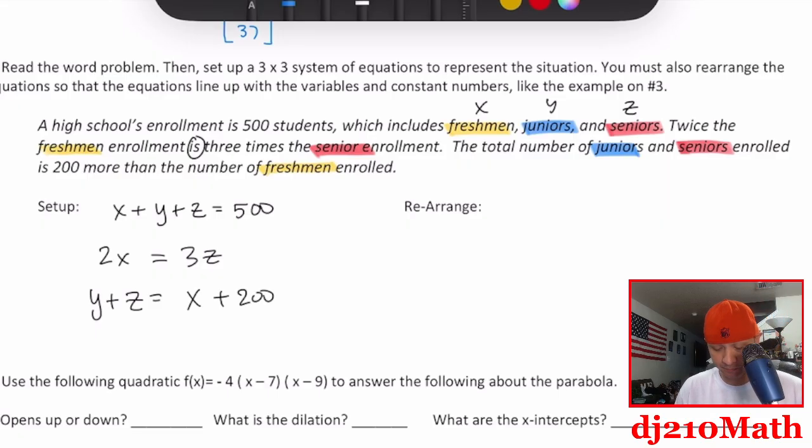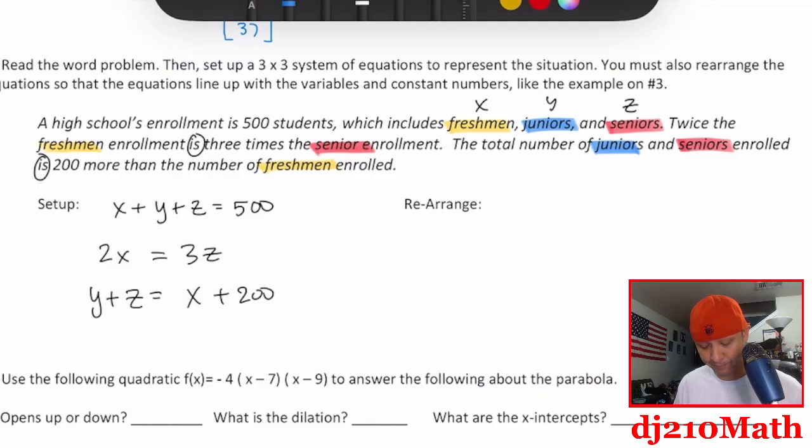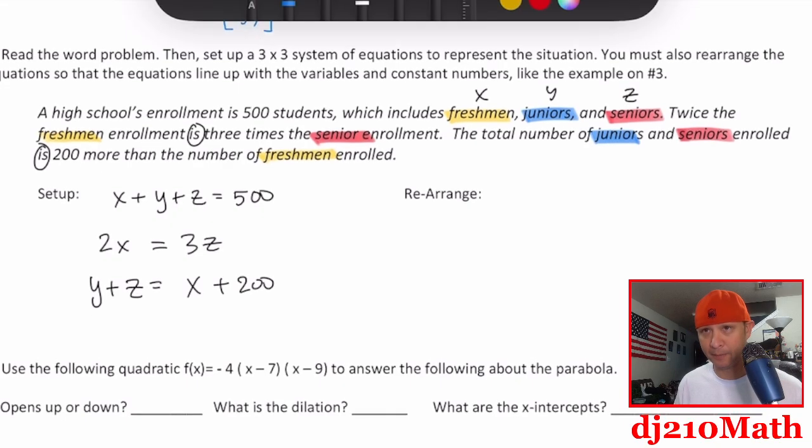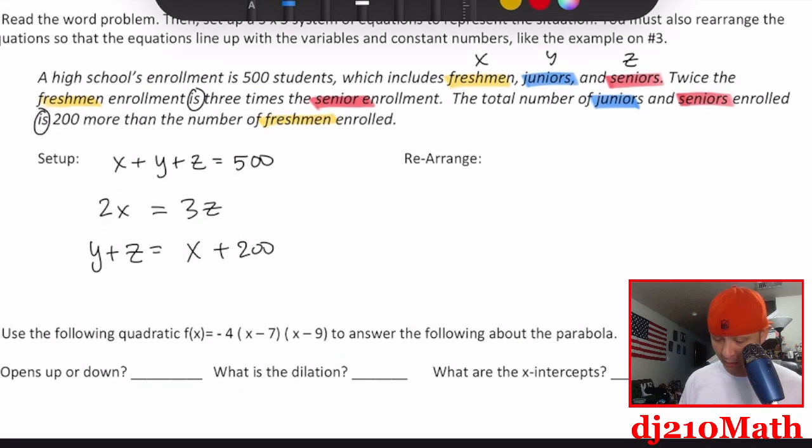Okay, you might have to listen to that reasoning a couple of times. But just remember, when you see is, that's a keyword. Is means an equal sign. So let's rearrange this so that X, Y, and Z are all on the same side. So the top one, that one's already good. X plus Y plus Z is equal to 500.